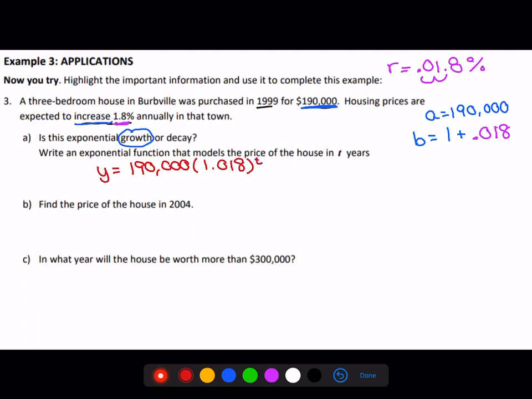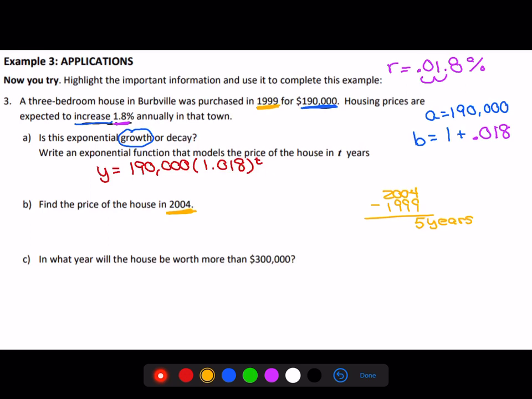Next, we want to find the price of the house in 2004. Well, to do that, we need to know how much time has passed between 1999 and 2004. So 2004 minus 1999 will give us 5 years. So in 5 years, we're going to go ahead and solve.